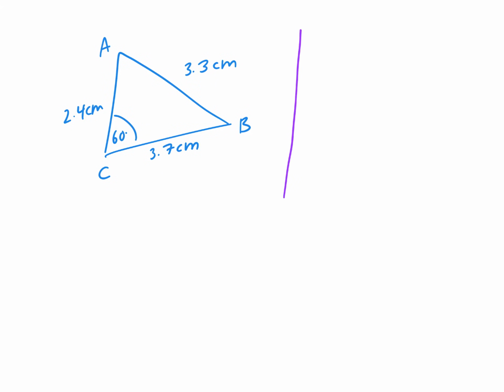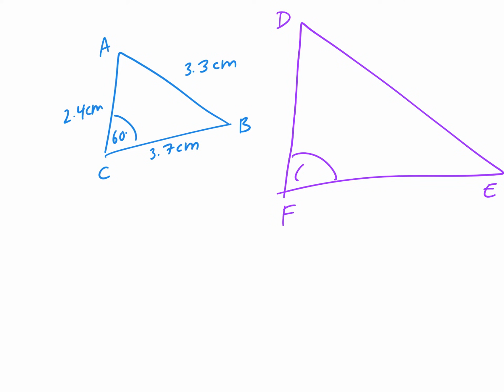Okay, let's do one that's larger. We're trying to create one that's similar. So this is A, B, C. This will be D, E, F. And you have to label it in the same order. So this would be 60, right? Corresponding angles have to be equal. And we're enlarging it, so what are you going to do to each side? Pick a number. What do you want your scale factor to be?